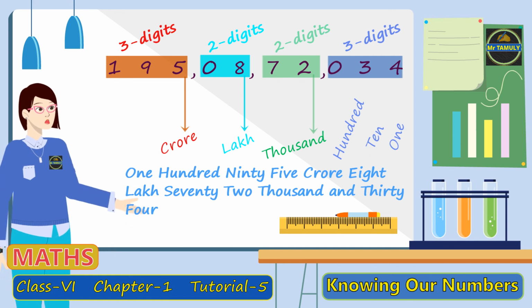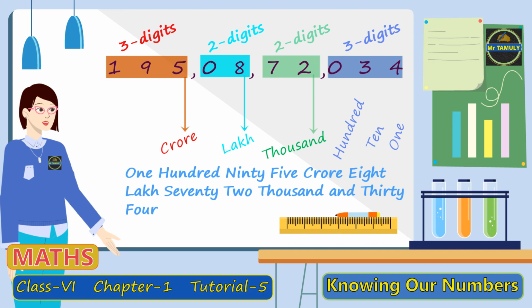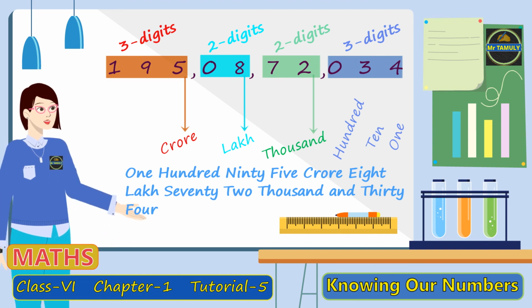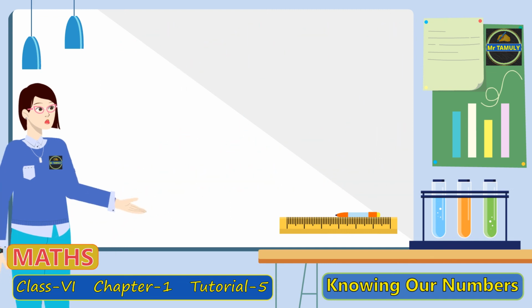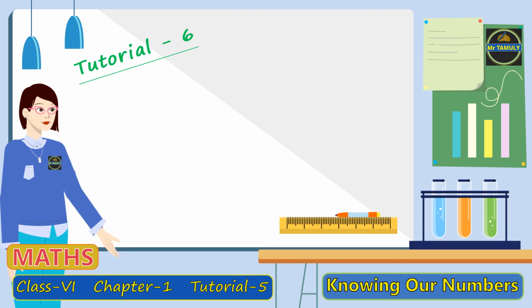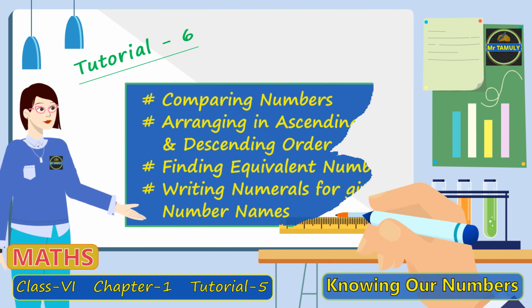If you have followed our tutorials properly, I am sure you will be able to solve example problems related to larger numbers with ease. In our next tutorial, that is in the tutorial number 6, we shall solve some example problems for you.